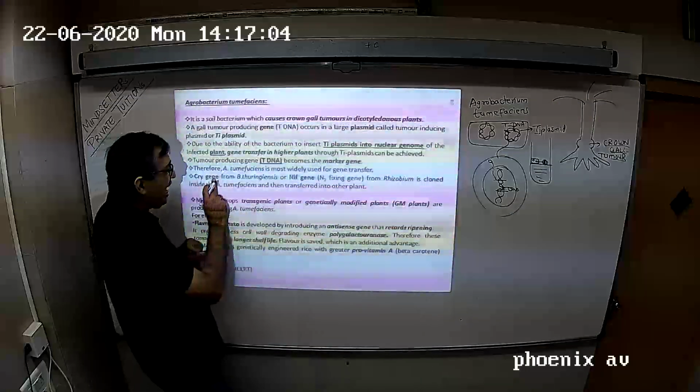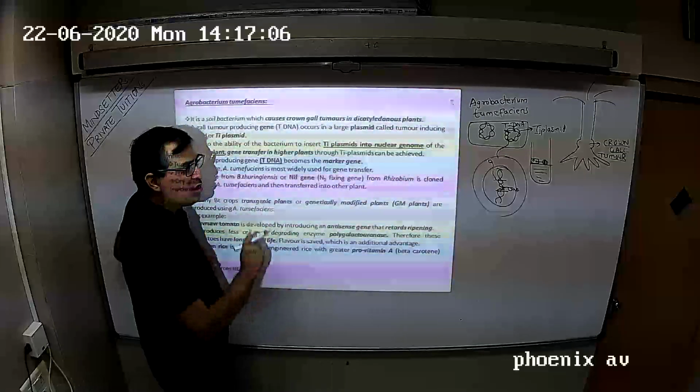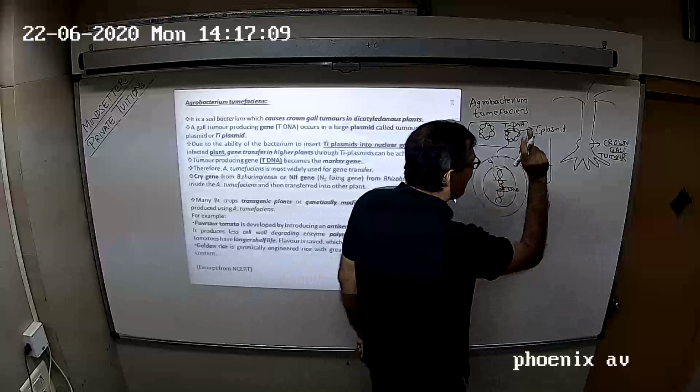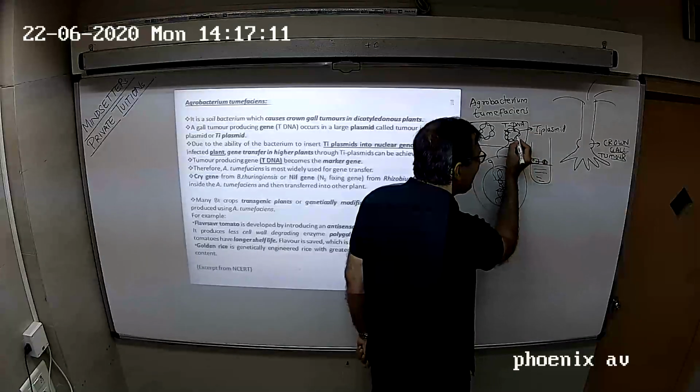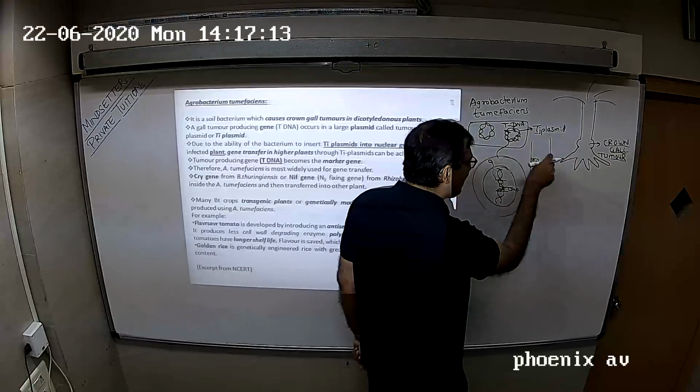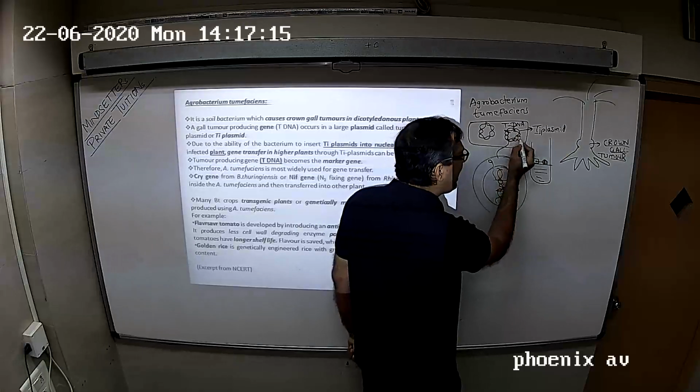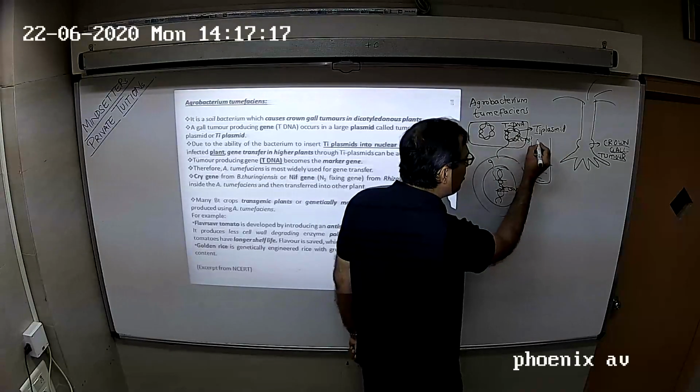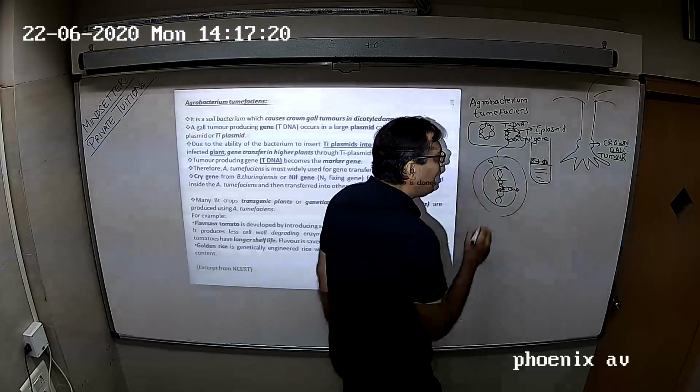We can take cry gene from Bacillus thuringiensis. तो सर, हम Bacillus thuringiensis से cry gene को निकाल के we can put it in the Ti plasmid. तो Ti plasmid में क्या आ गया? Cry gene.